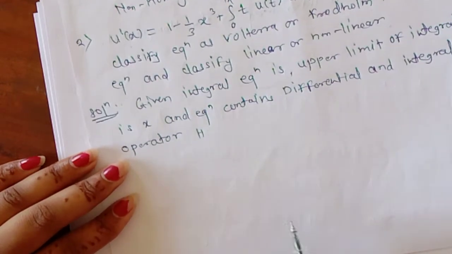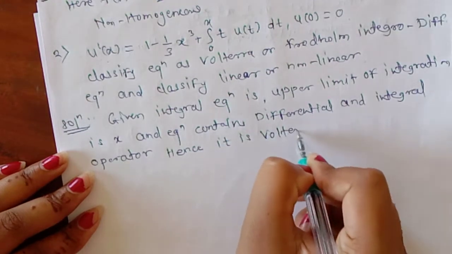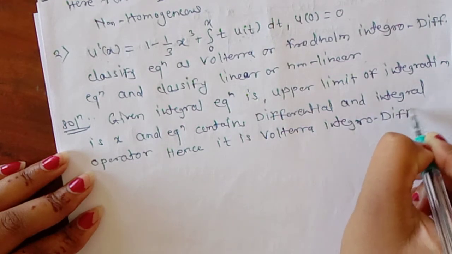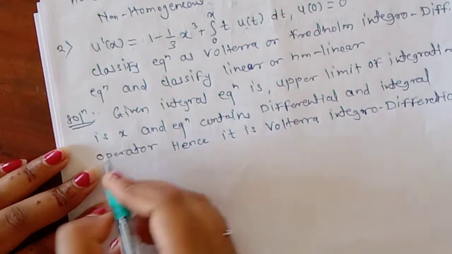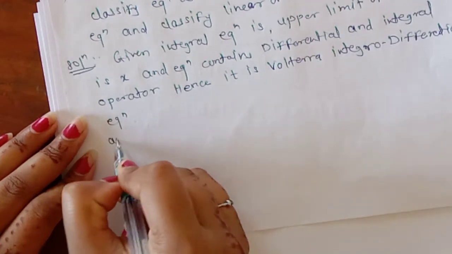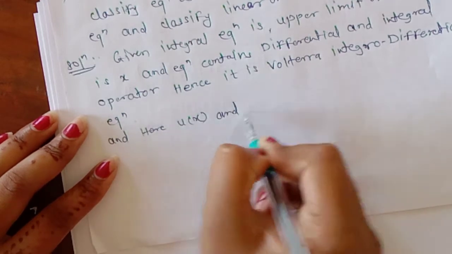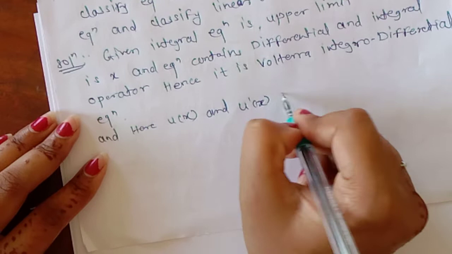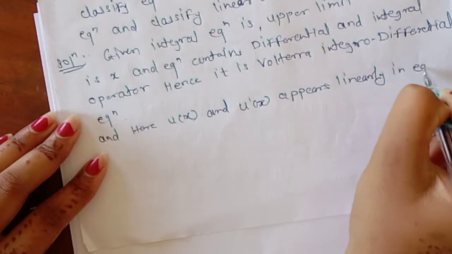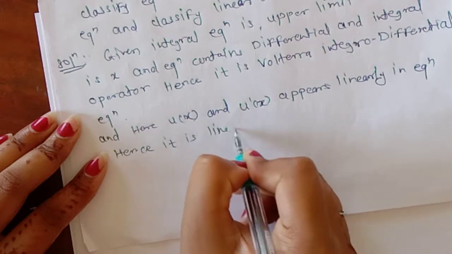Hence it is a Volterra integro-differential equation. And also for the linearity property, here u of x and u dash of x appear linearly in the equation, hence it is a linear equation.